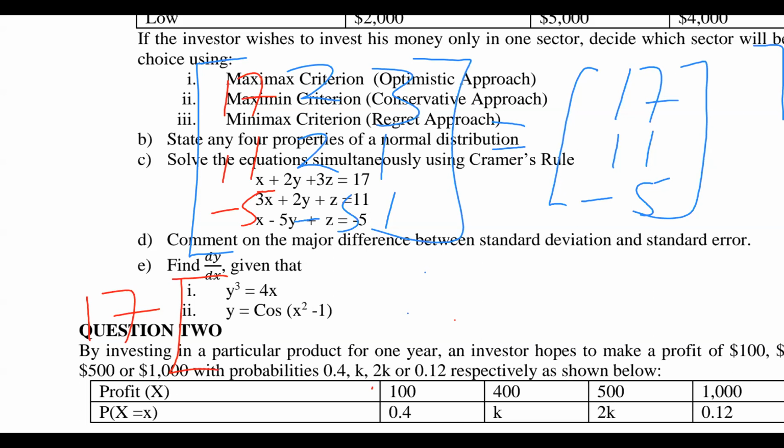Delete the row in which 17 is and the column. What do you have as a matrix? 2, 1, negative 5, 1.